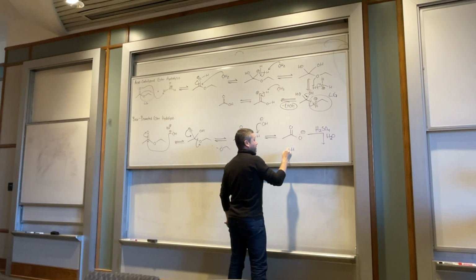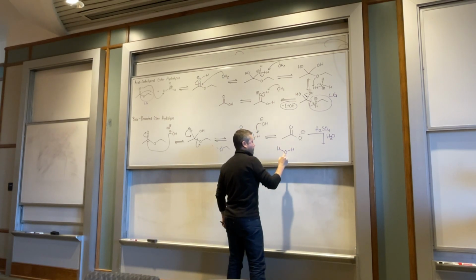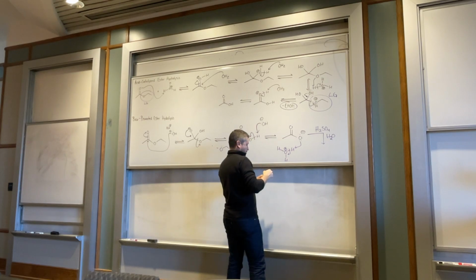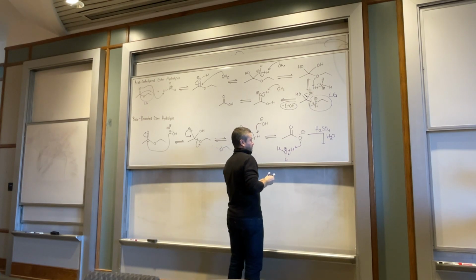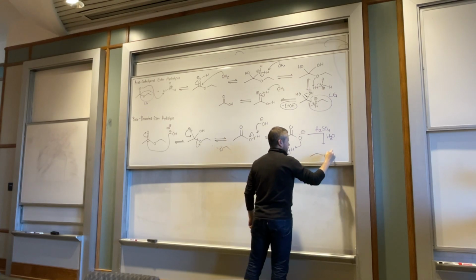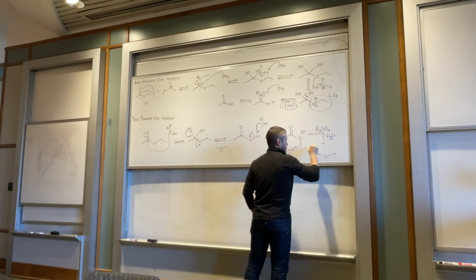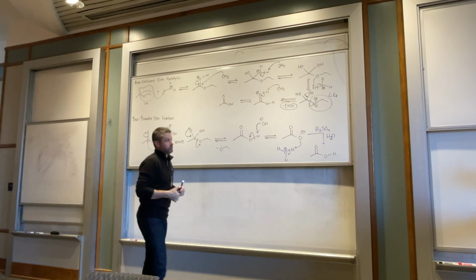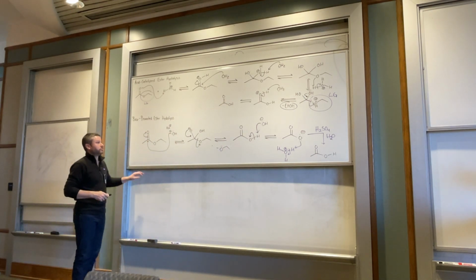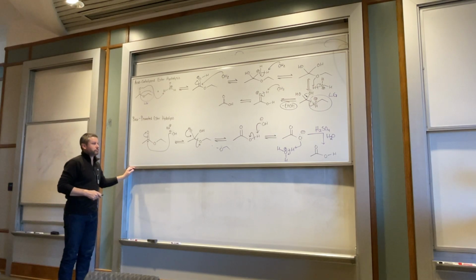Mixing sulfuric acid and water is going to give us hydronium, and then that hydronium can be used to protonate the carboxylate. Questions about this?